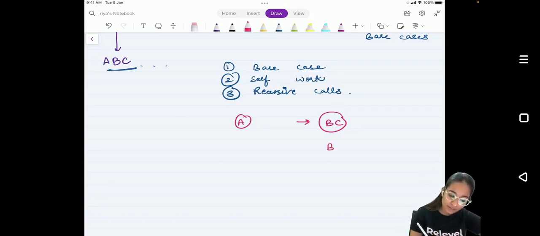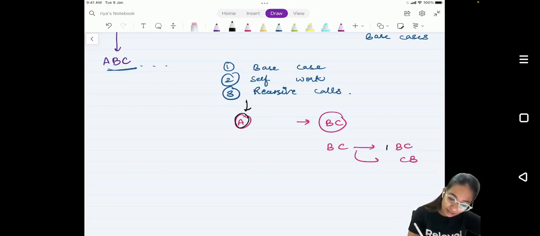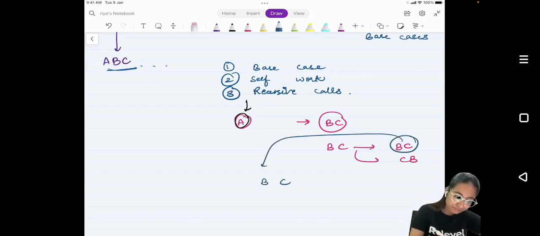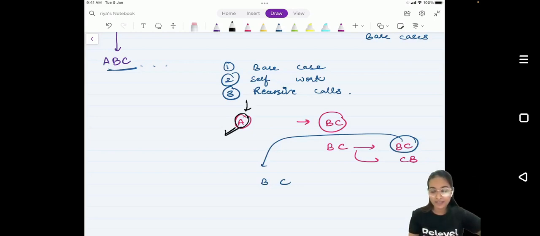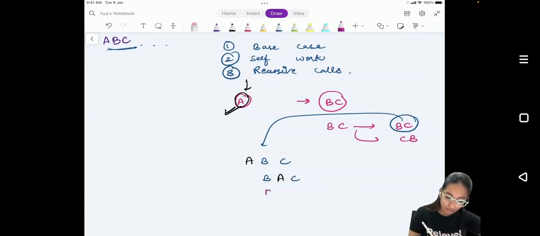So the BC permutations you got are what? BC and CB. If you have to add A to them, let's consider each permutation. Say you have this permutation; you can add A either over here, or over here, or over here.